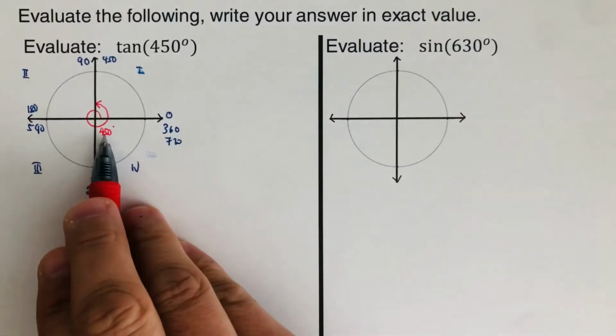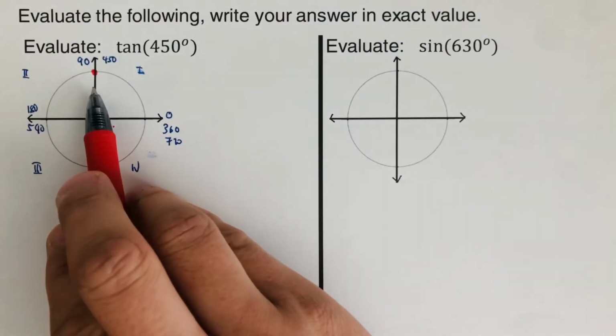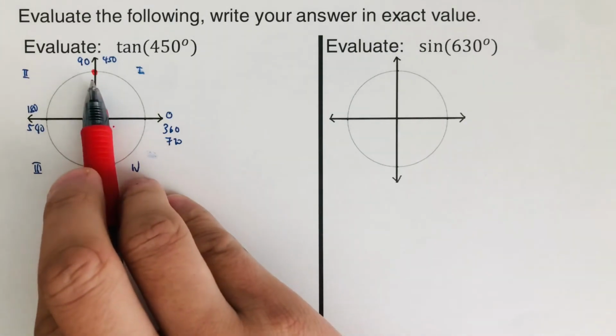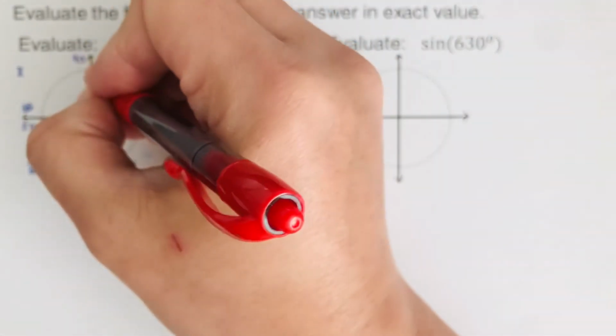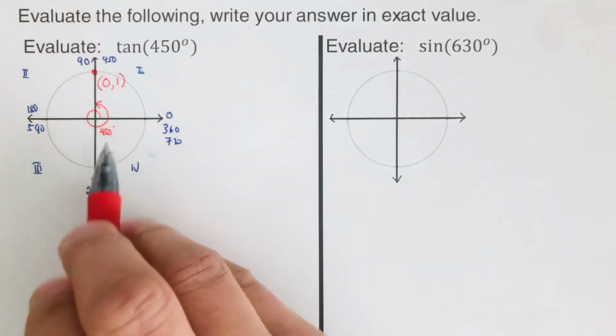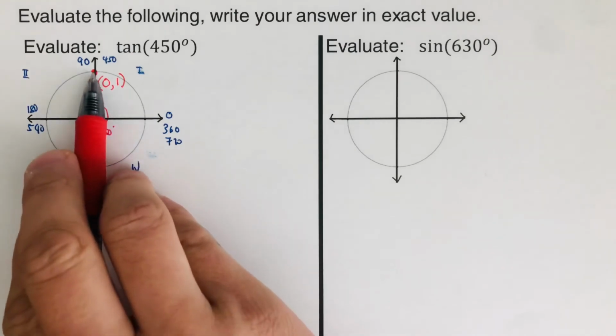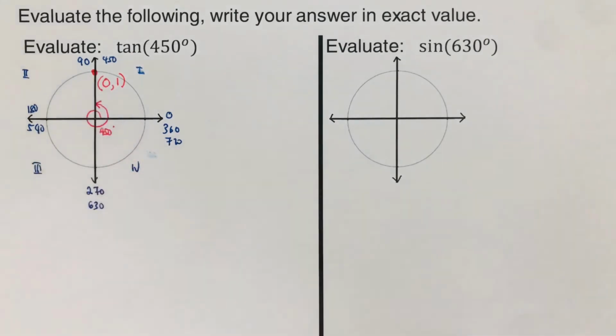Since this is 450 degrees, the coordinate is right here. Remember, this is a unit circle. So that means that the coordinate of this point here is actually x is 0 and y is 1. Because again, a unit circle has a radius of 1. So that is, x is 0 and y is 1.